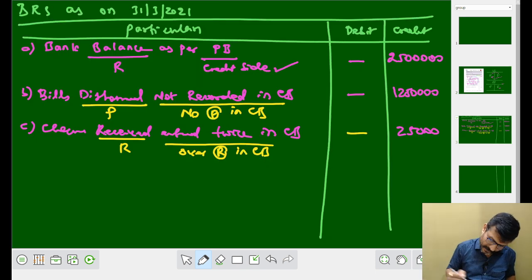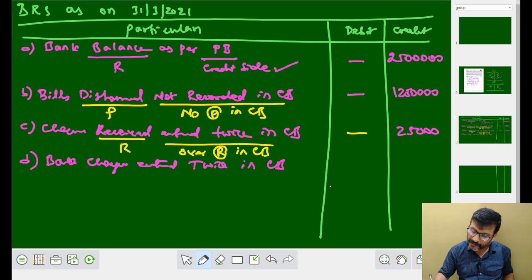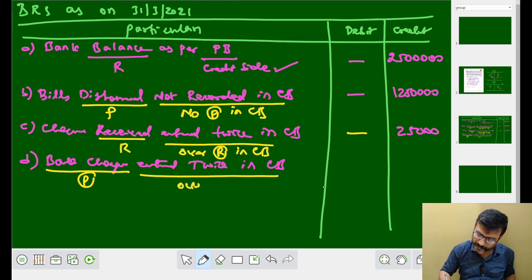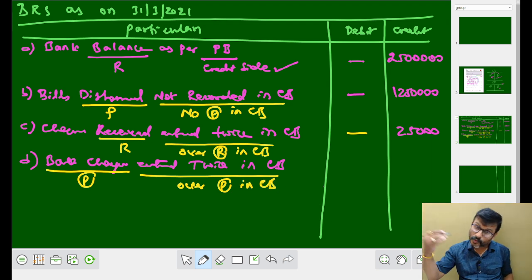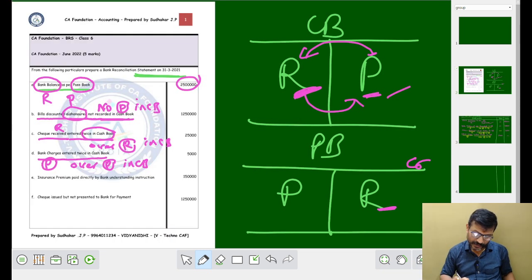That is bank charges entered twice in cash book. So we have to take it in debit side with an amount of rupees 5,000. Fine. Let us move on to the next point after this.